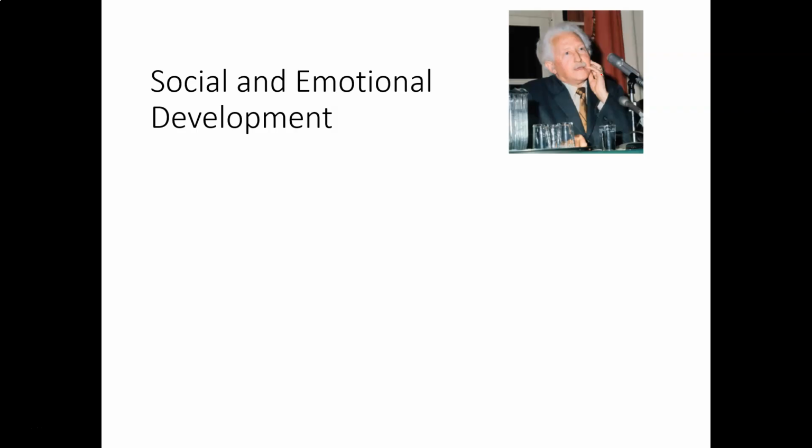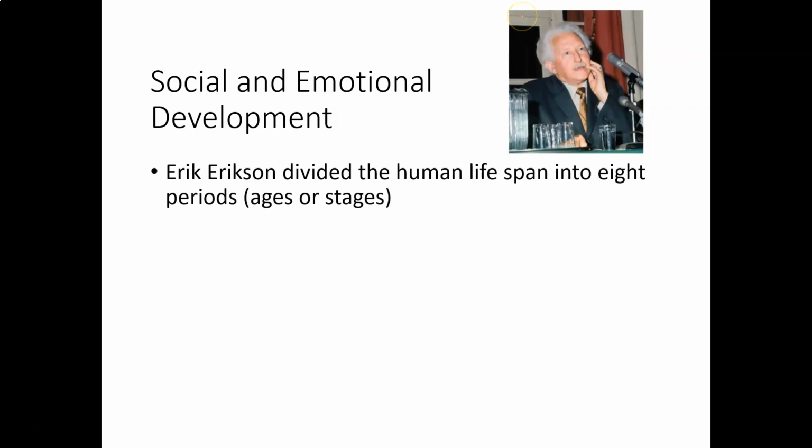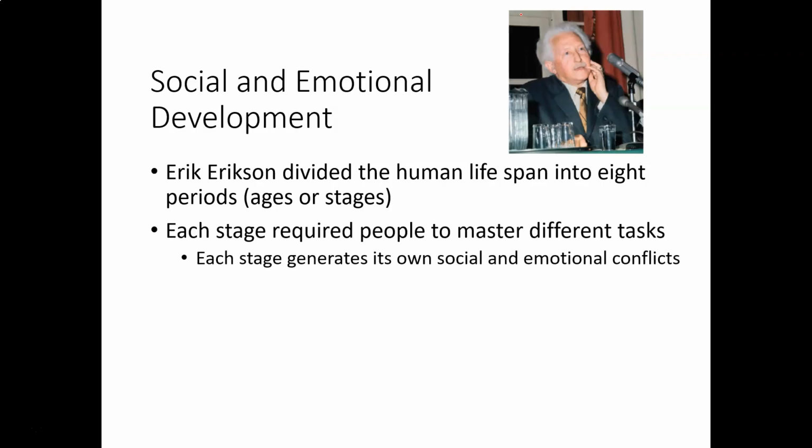He divided the human life into 8 different spans, so stages or ages, and in each stage there's a conflict that people have to master in order to transition to the next stage. And each stage has its own conflict that the person needs to resolve in order to be successful.